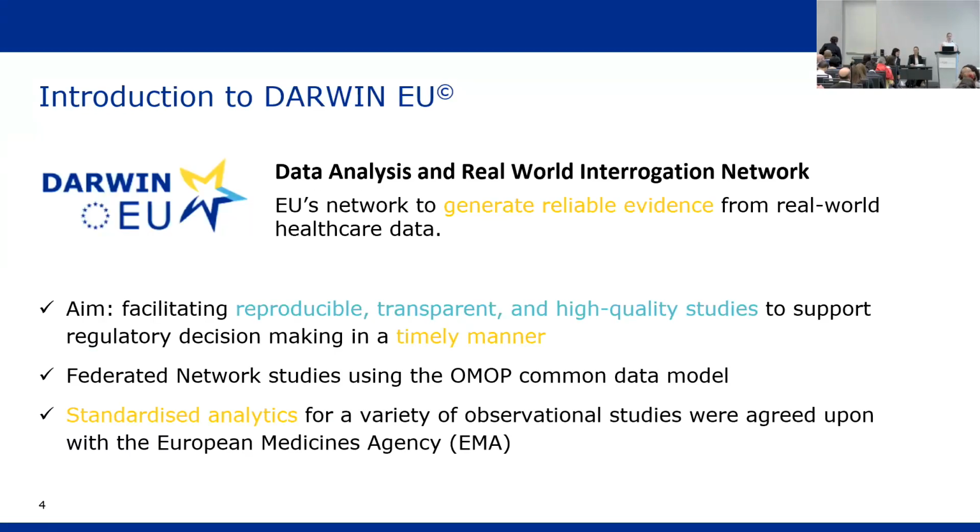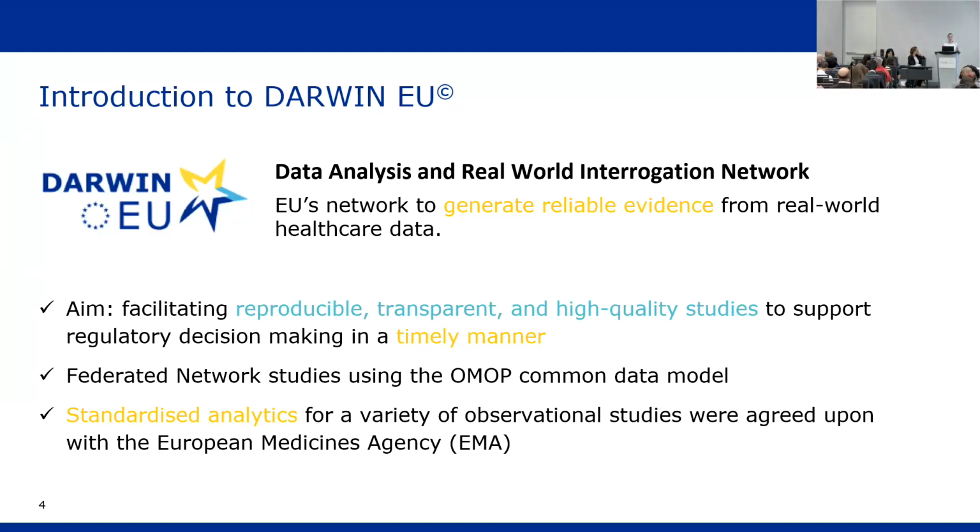I'd like to start with a quick introduction to Darwin EU, which is the data analysis and real-world interrogation network that the European Union has set up to generate reliable evidence from real-world healthcare data. The aim of this big project is to facilitate reproducible, transparent, and high-quality studies to support regulatory decision-making in a very timely manner.